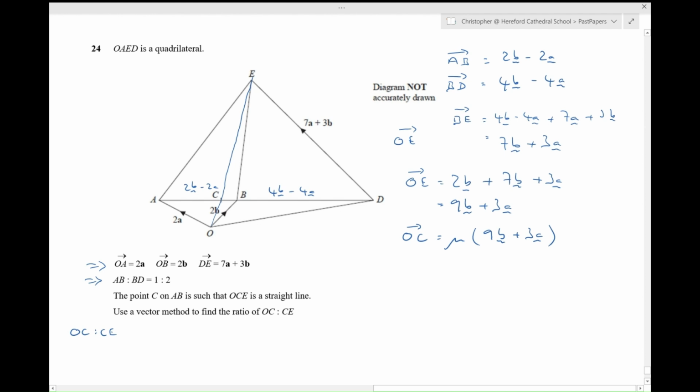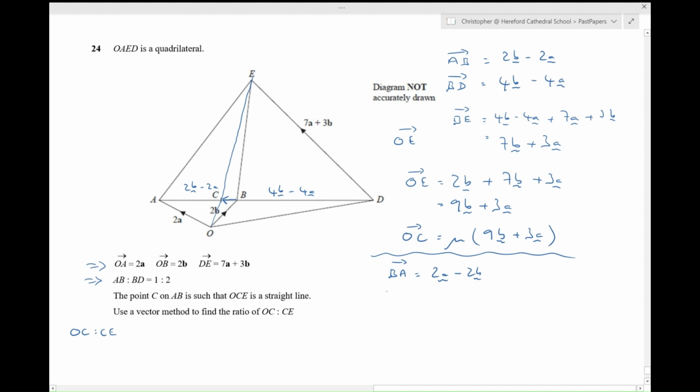Now, there's another way that I can find my way from O to C, and that is to use BC. Now, I don't know what proportion of BA BC is, but I know that BA is 2A minus 2B, the negative of AB.